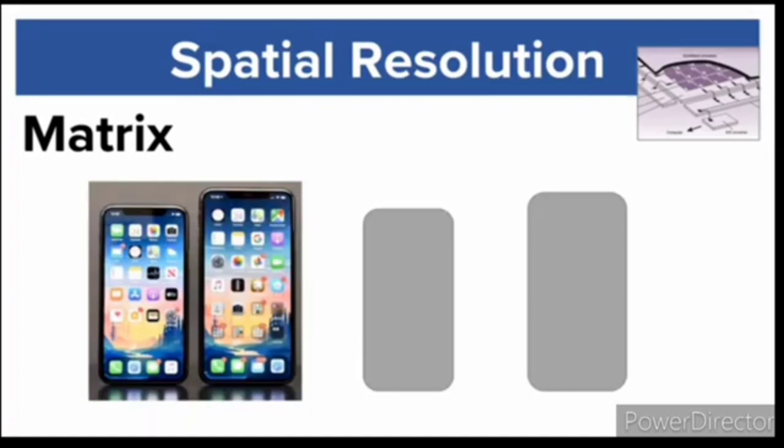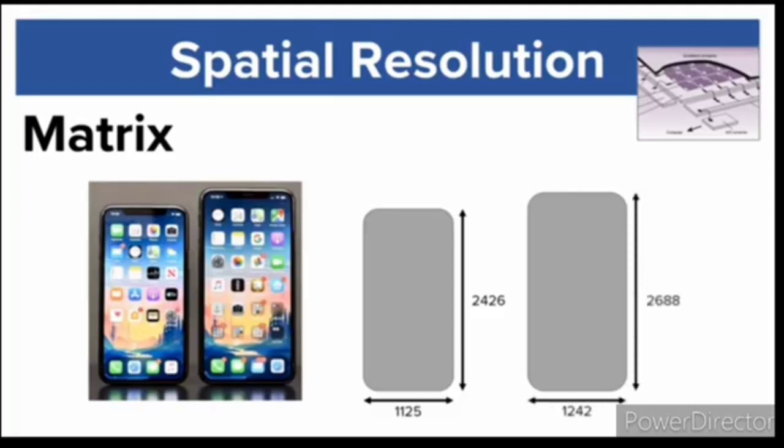To put this in perspective, the iPhone 11 Pro on the left has a matrix size of 1125 by 2426, and the iPhone 11 Pro Max has a matrix size of 1242 by 2688.